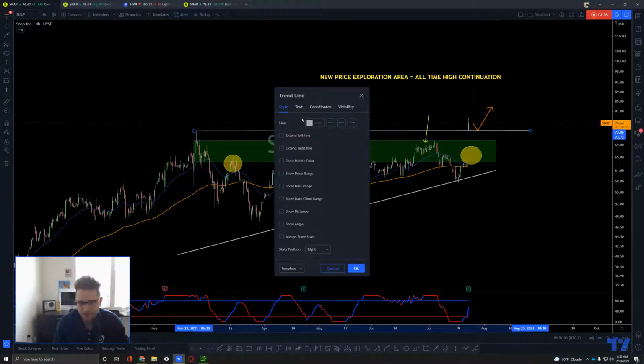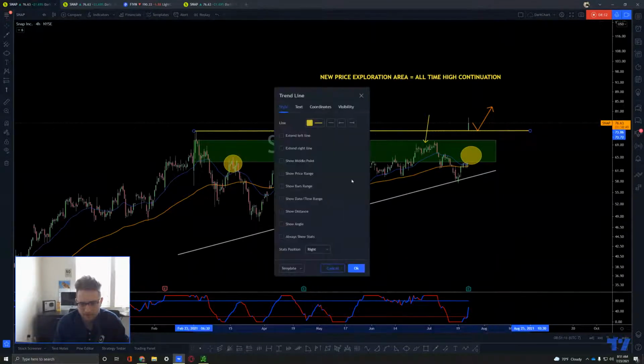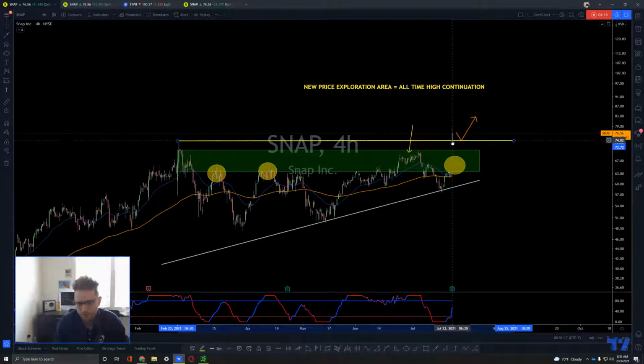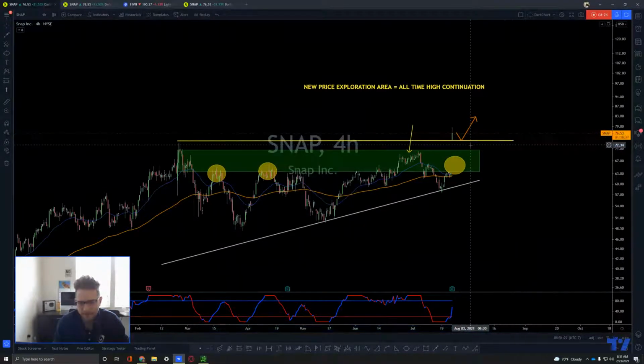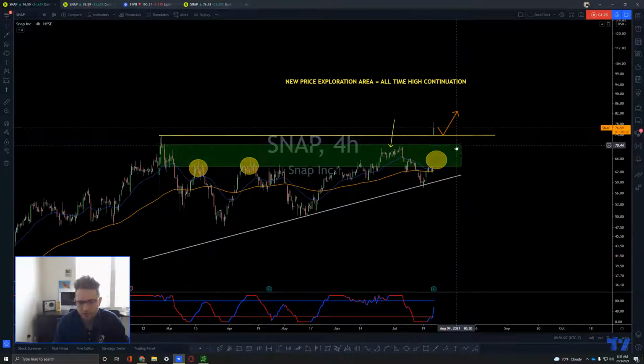So this is an extremely important level for Snapchat to hold, because if anything pushes us down and we are not able to hold this level right here, which it looks like we will, this area beneath will be a really volatile area to be in.